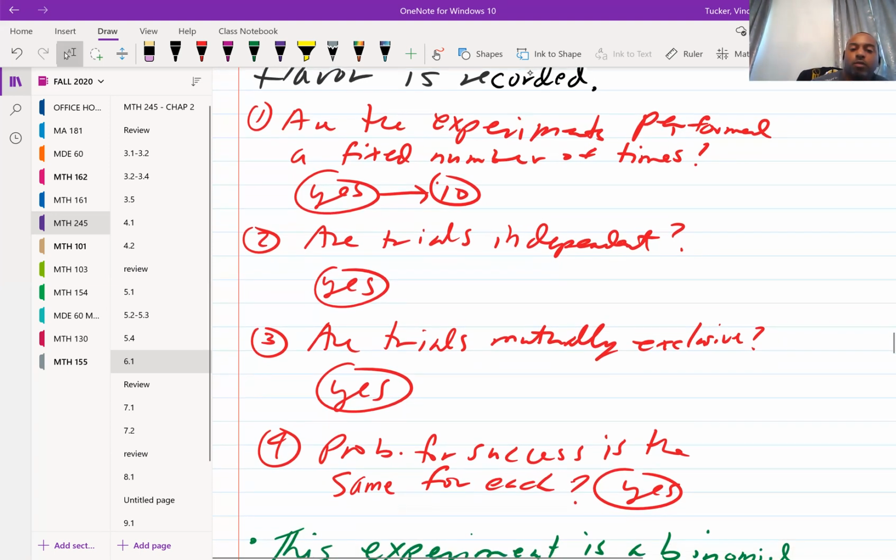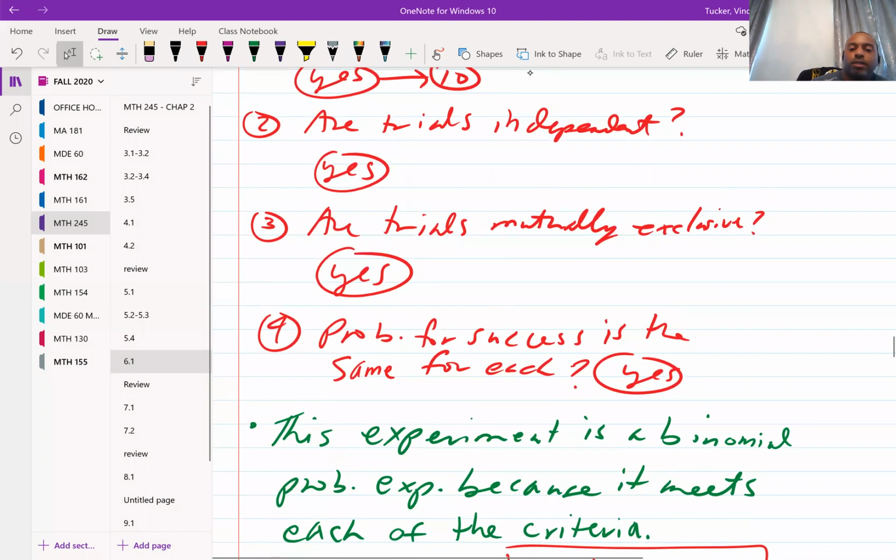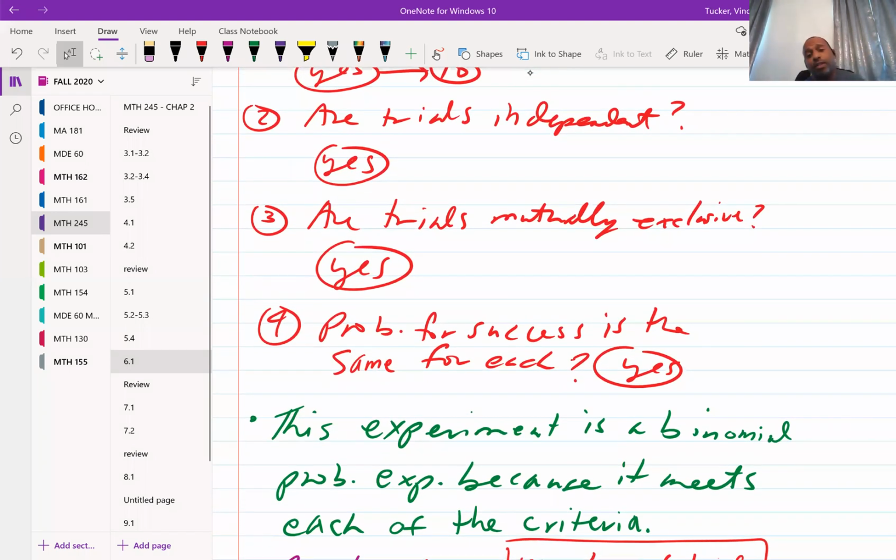All right. Can I scroll up? And this, in the green, is just solidifying what we already said. This experiment is a binomial probability experiment because it meets all the criteria.